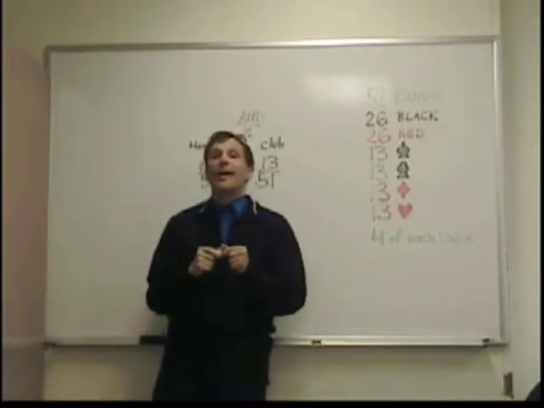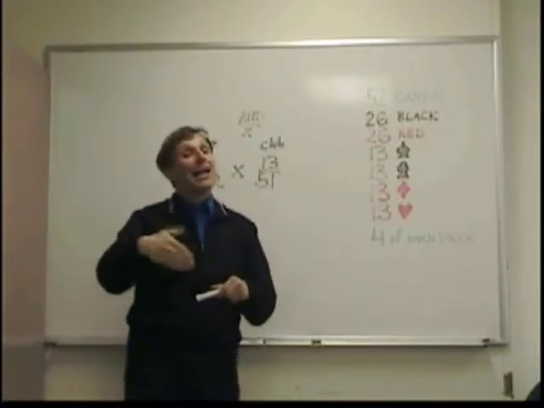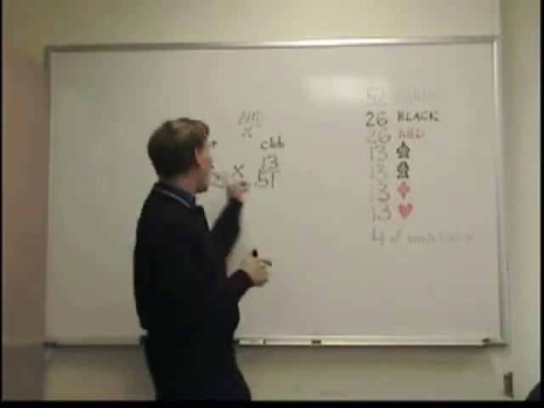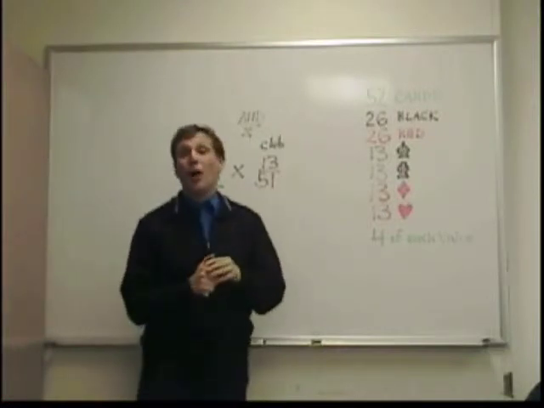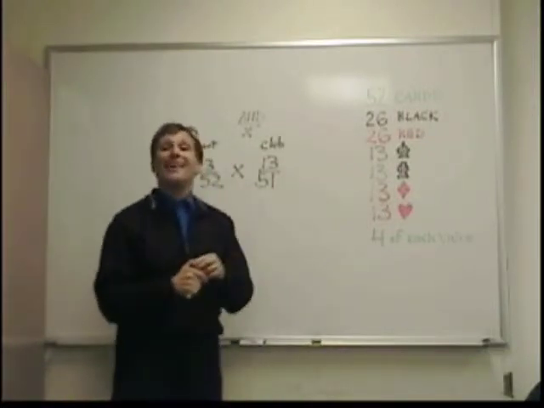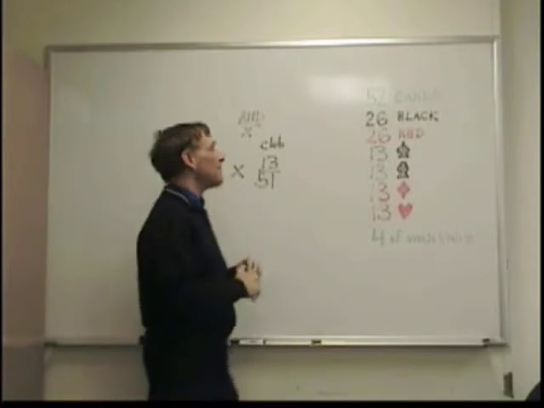Often a problem would say with or without replacement, and if that heart is not replaced, then there's one less card in the deck when you're going for the club. So it'd be 13 out of 51.